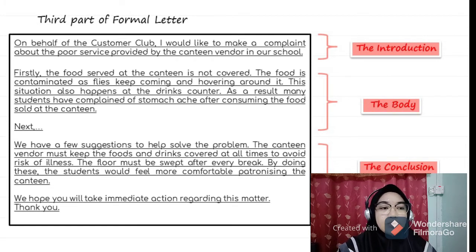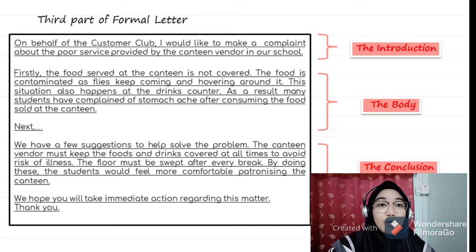The food is contaminated as flies keep coming and hovering around it. This situation also happens at the drinks counter. As a result, many students have complained of stomach ache after consuming the food sold at the canteen. Next, then you can continue to the next point.